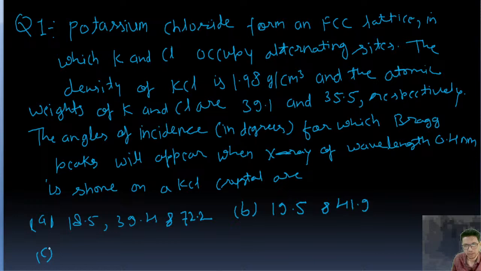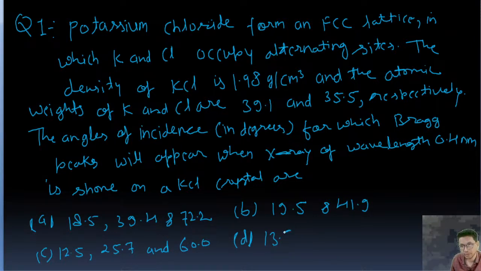Option C is 12.5, 25.7 and 60. And option D is 13.5, 27.8, 44.5 and 69.0. So these are the options, guys.